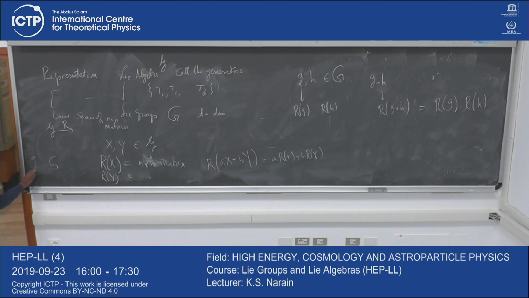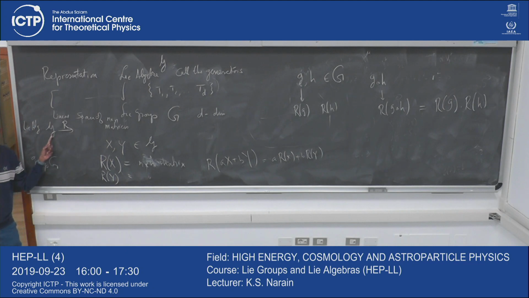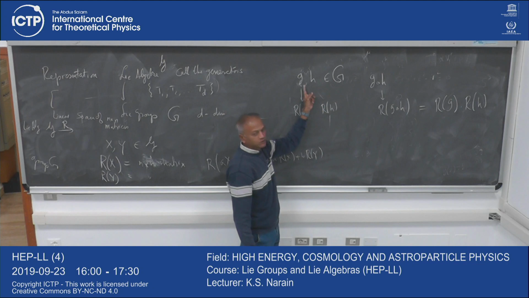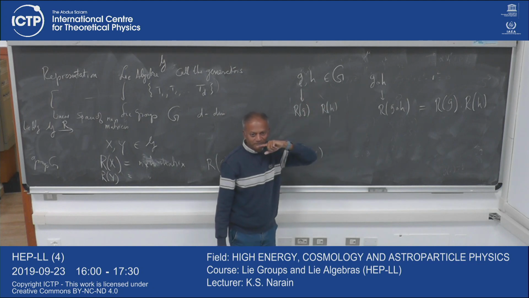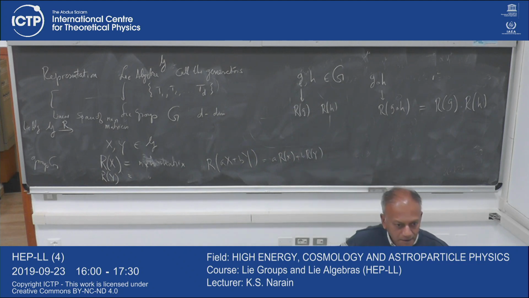So this is the group, and this is the Lie algebra. When I use capital X, capital Y, etc., they will always be elements of the Lie algebra. And when I want to write the elements of the group G, I will use little g, little h, and so on. But then the function R acts on elements of the algebra and the group? Yeah, the output is always an n by n matrix.